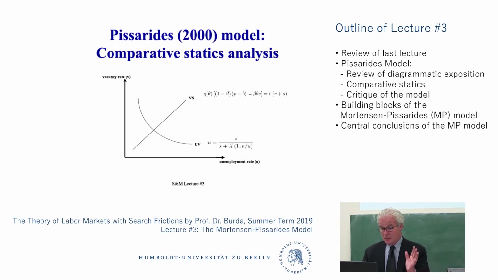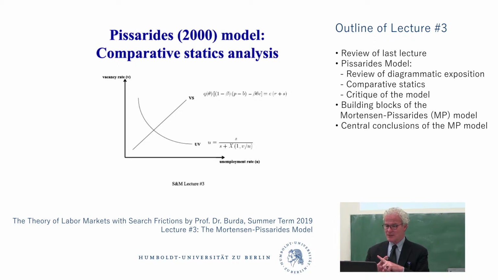We've done it usually for a nation over time, maybe after taking out the trend, and we showed that last time. That's called the Beveridge curve, but that's just an empirical relationship. Maybe Pissarides may have called the UV curve a Beveridge curve on some page of his book, but believe me, the spirit of the model is that the Beveridge curve is what we can observe in the data, and what you observe in the data is not one of these curves, it's the intersection of the two curves.